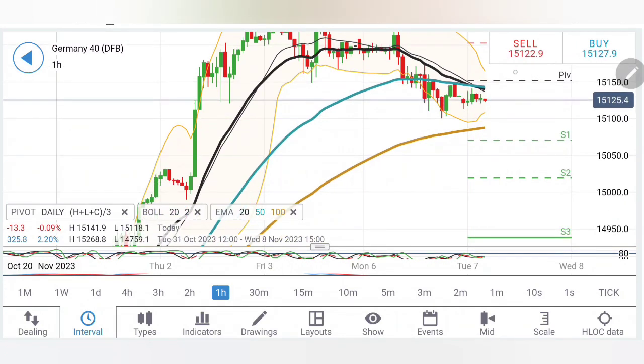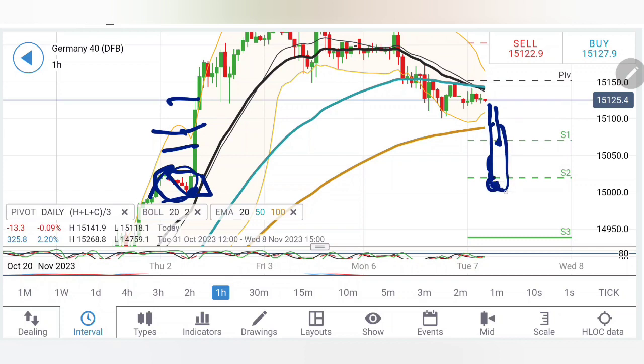In the zone between 15,000 and 15,030 we have the strongest support for DAX, because a strong liquidity gap was seen from these levels. So if it continues below 15,100, we can see it moving towards 15,030 and 15,000 levels. 15,000 is a greater psychological support level for now.